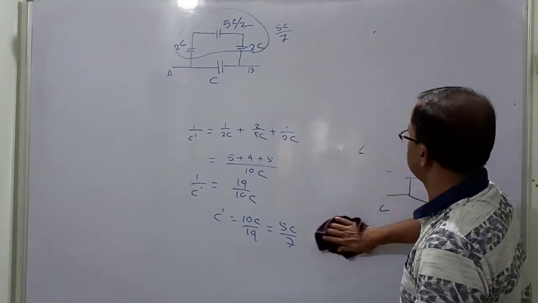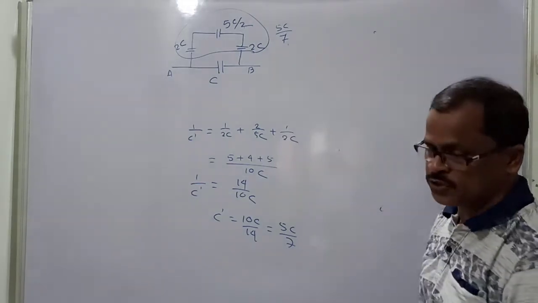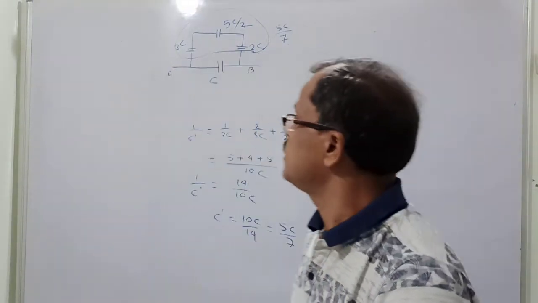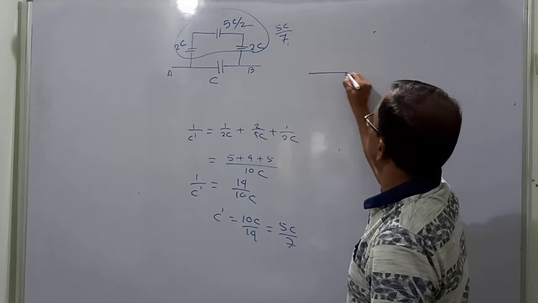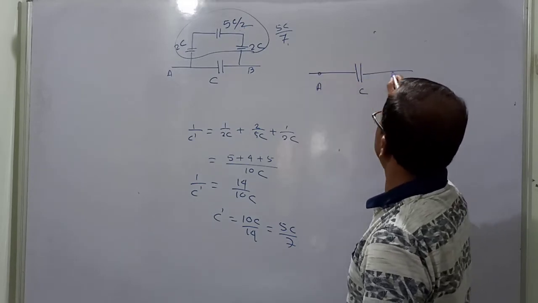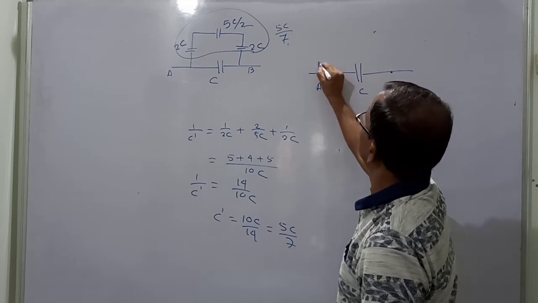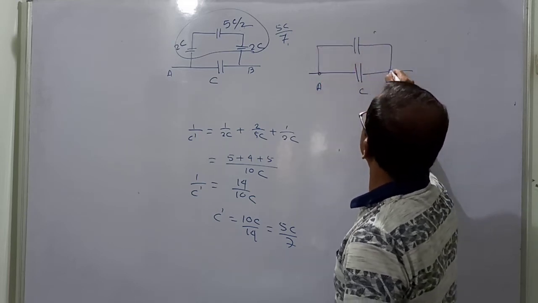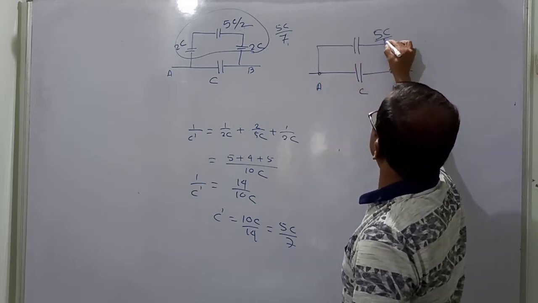Now only one step is remaining to get our solution. So the net capacitance between the point A and B, how much now? See, this point is A, this point is B, and this is equal to 5C by 7.